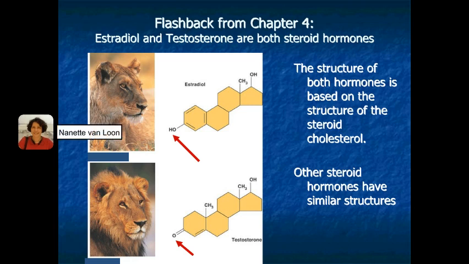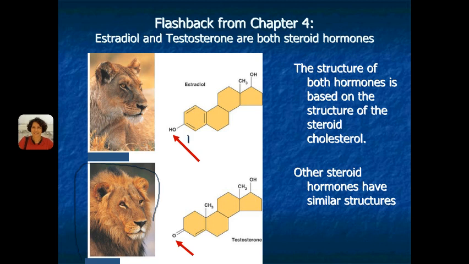Here is another slide that shows us the basic similarity between hormones that are derived from cholesterol, and it also shows us what a difference a small molecule like a functional group can make. We see the differences between testosterone, which is responsible for many of the secondary male characteristics, such as you can see on the mane of the male lion, and estradiol, which is responsible for female characteristics.